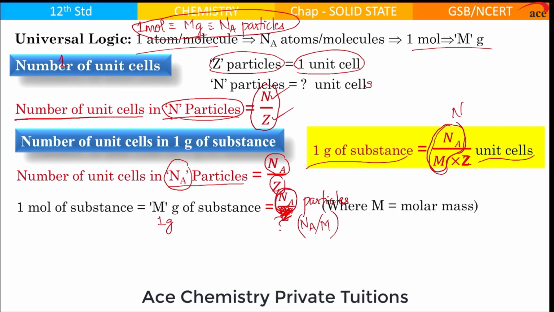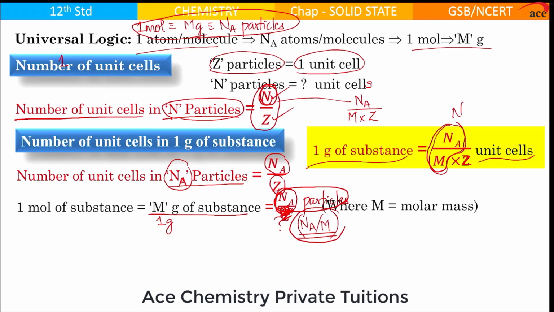Again, check, M gram of the substance contains Na particles by mole concept, so 1 gram will contain Na/M particles. Whatever the number of particles, now your number of particles is Na/M, divide that by Z, that is number of unit cells in 1 gram of the substance.